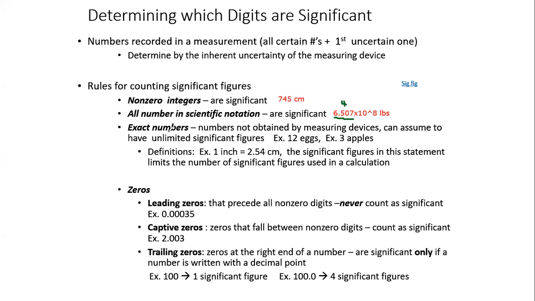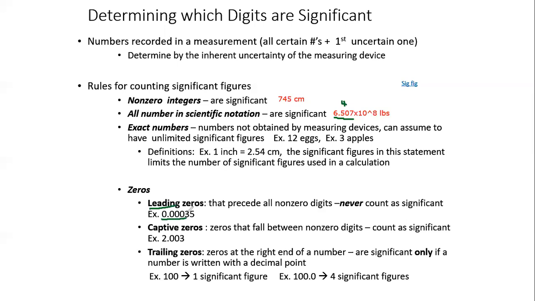And there are 3 different types of zeros in a number. The first one are what we call leading zeros. So with leading zeros, these are the zeros to the left of the first non-zero digit. So as you see here, we have 0.0035.